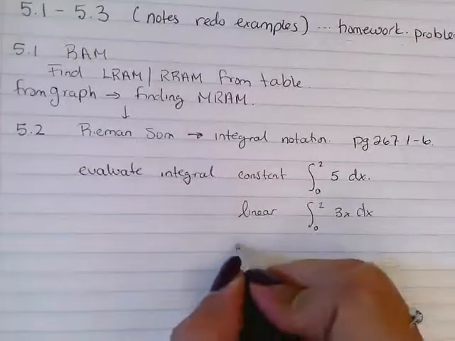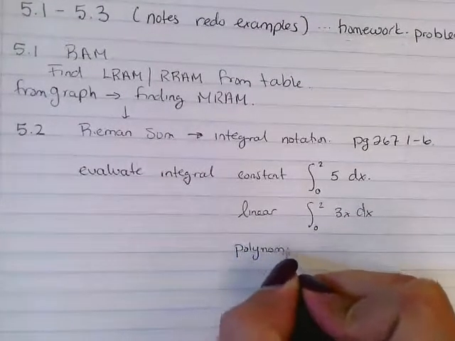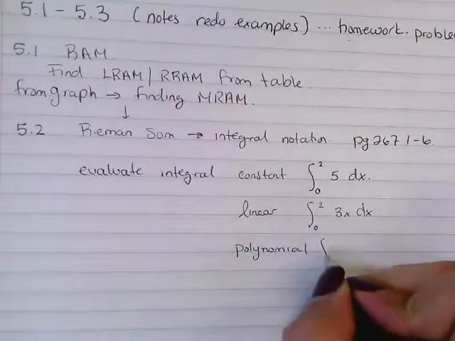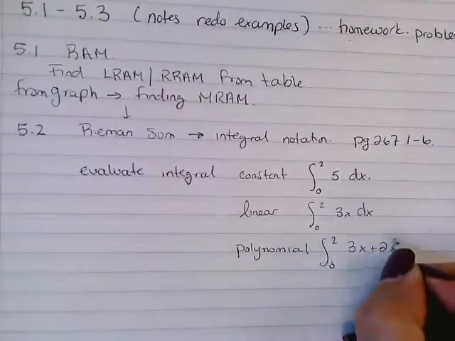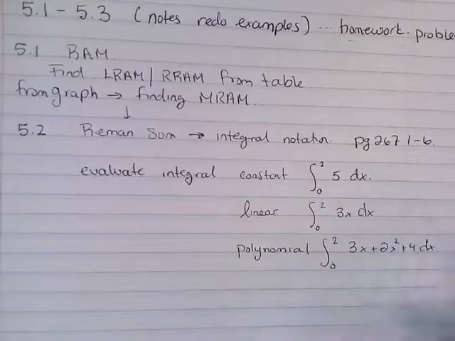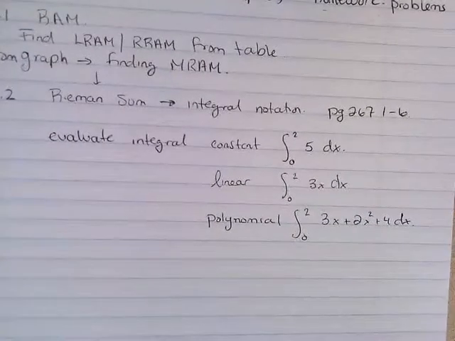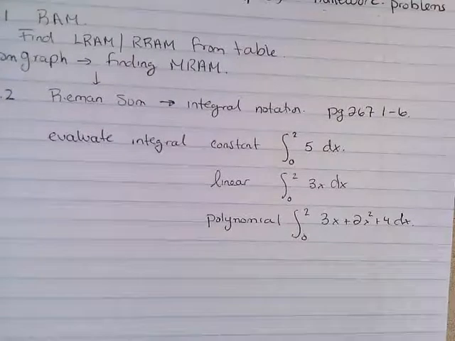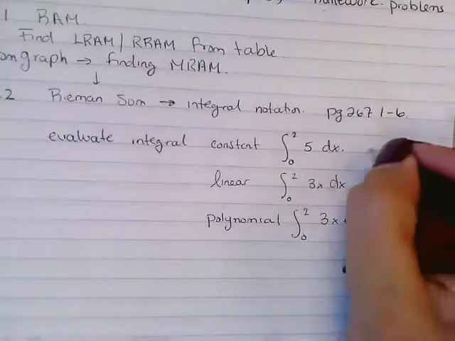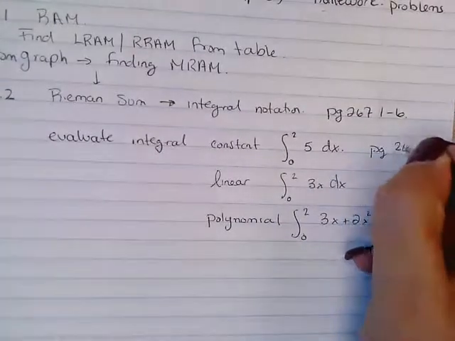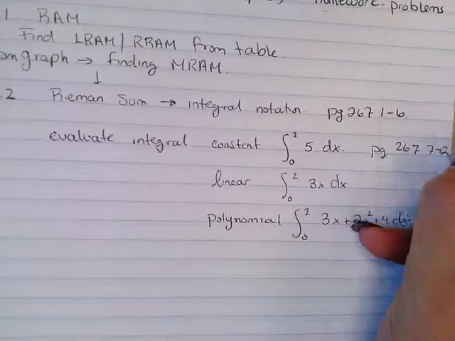And then the polynomial, 0 to 2 of 3x plus 2x squared plus 4 dx. Okay, so evaluating the definite integral. Some examples of those for the constant, if you remember, was on page 267, 7 through 12.